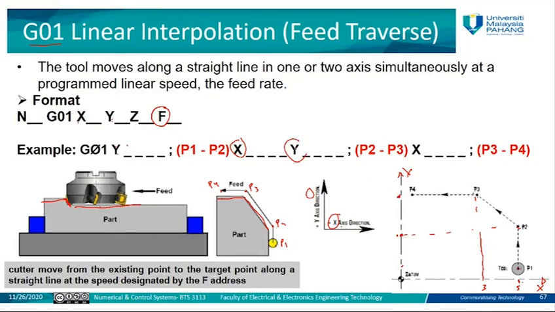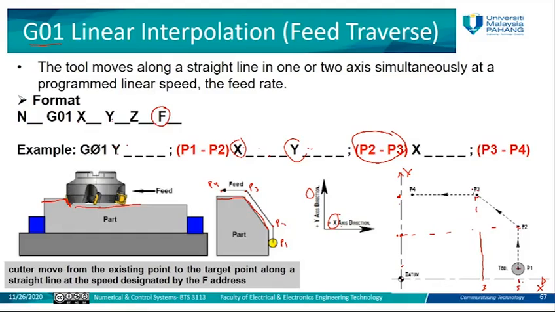So I write the coordinates according to the given information or the drawing. These values depend on the two points, P2 and P3, and on our coordinate system. If it is incremental, I find it with respect to the previous reference. If it is absolute, I calculate with reference to the zero point.